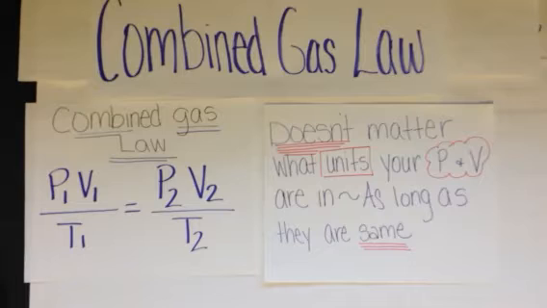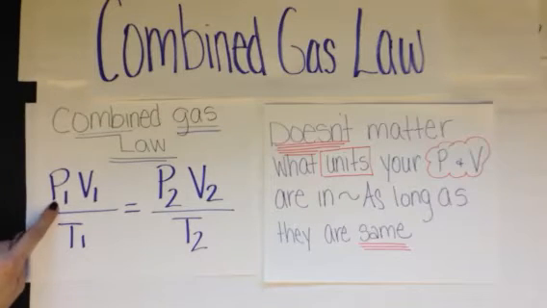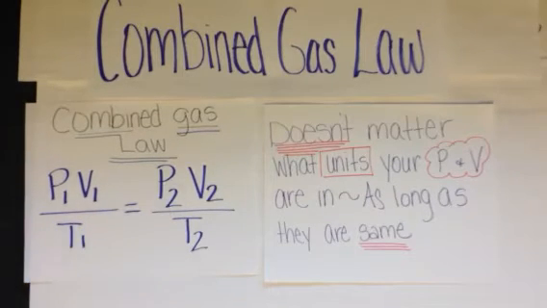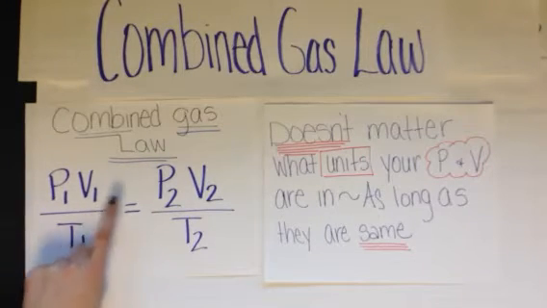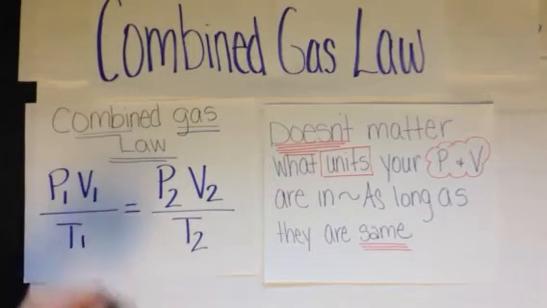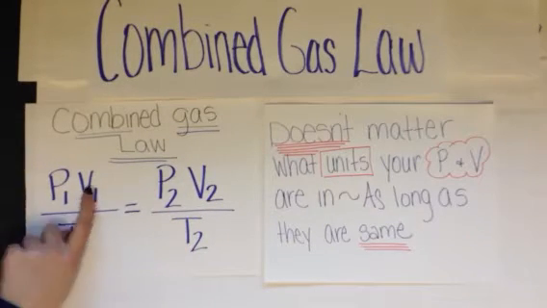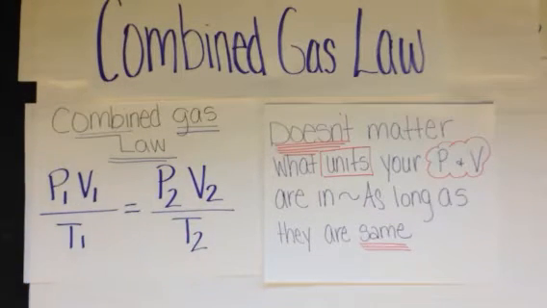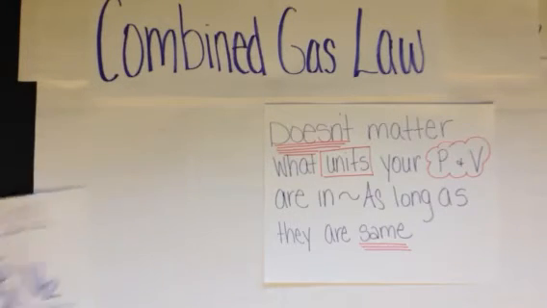Or if you had mmHg on this side, it just needs to be mmHg on this side. Same thing for volume. It doesn't matter if your volume is liters here, as long as it's liters over here. It also doesn't matter if your volume was milliliters here, as long as it's milliliters on that side. So the combined gas law is not very picky when it comes to units.